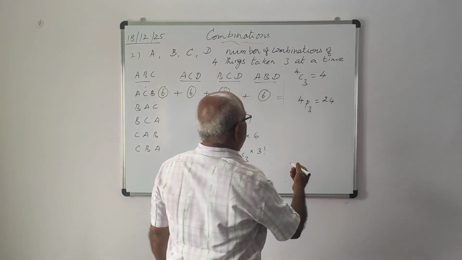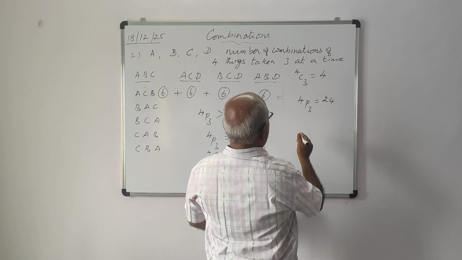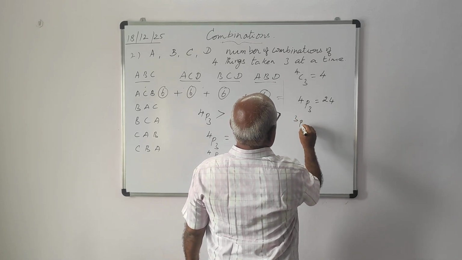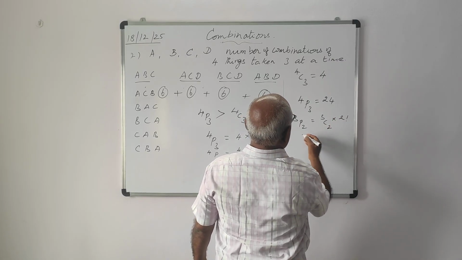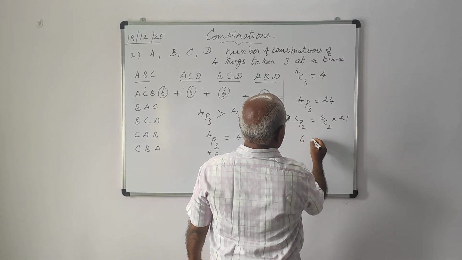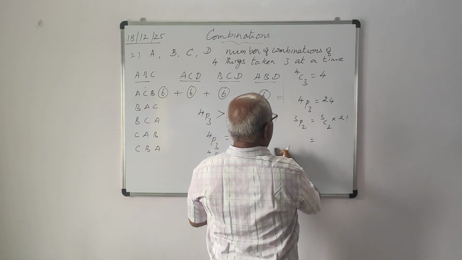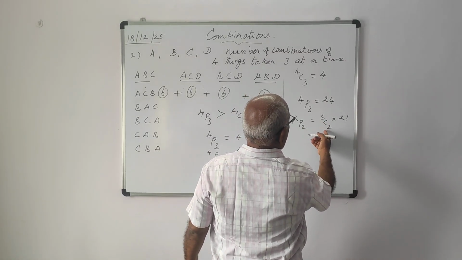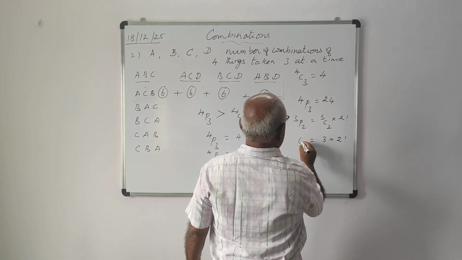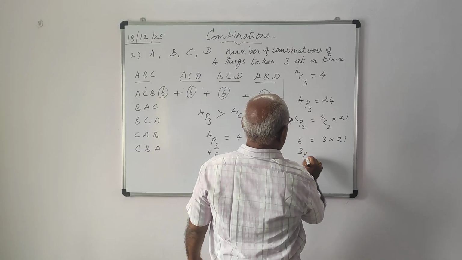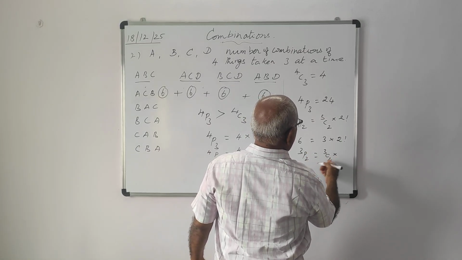Similarly, in the previous example, I derived that 3P2 equals 3C2 into 2 factorial. 3P2 is 6, and 3C2 is 3, and 2 factorial is 2, so this is 6. That is, 3P2 equals 3C2 into 2 factorial.